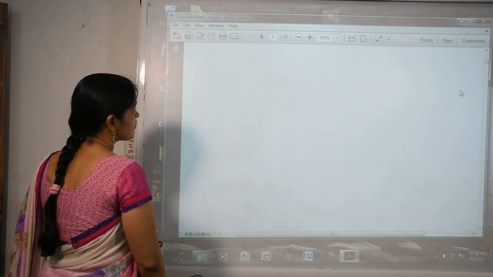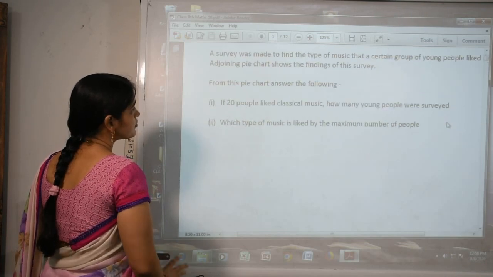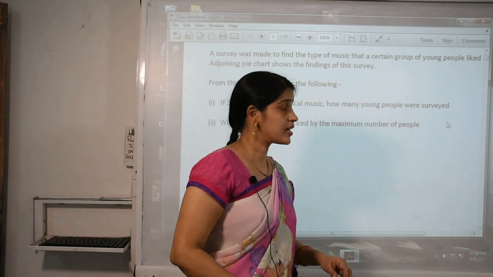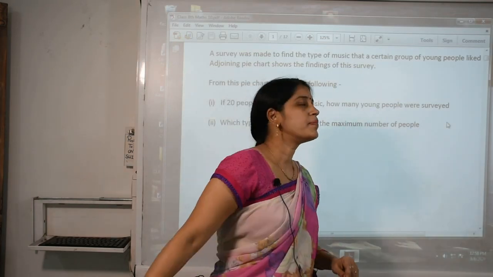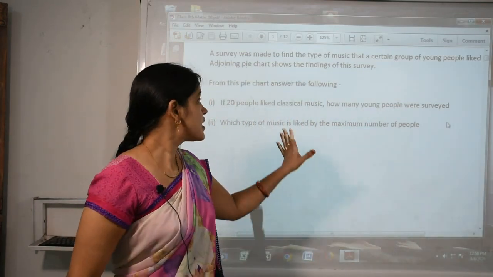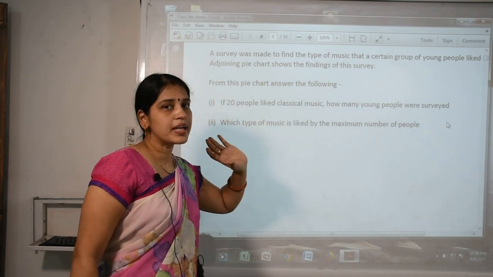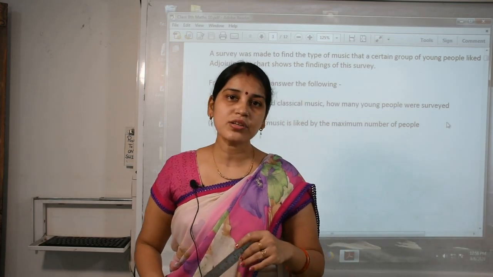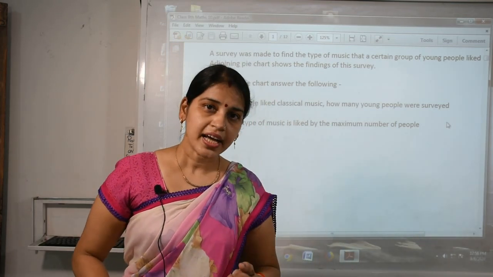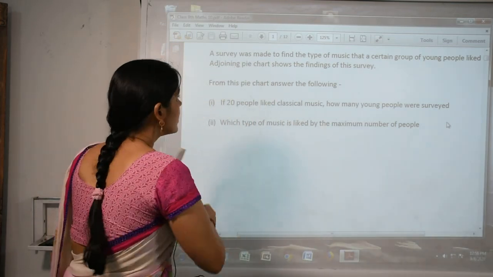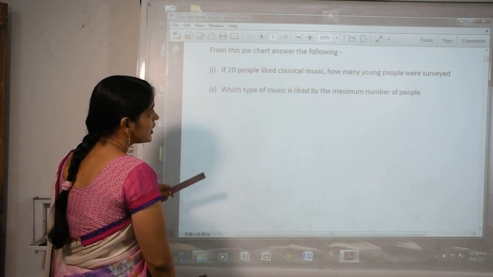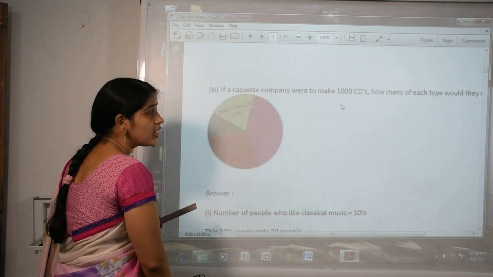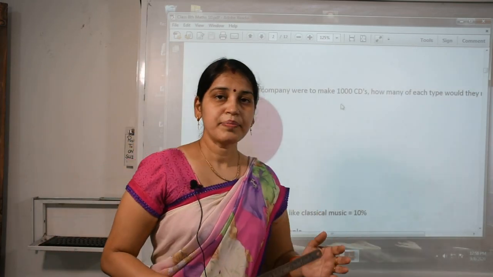Now in the first question it is given: if 20 people liked classical music, then how many young people were surveyed? It is given that 20 people like classical music, and percentage-wise it is also given as 10%, 10% according to 20 people. So we have to find how many total young people were surveyed.